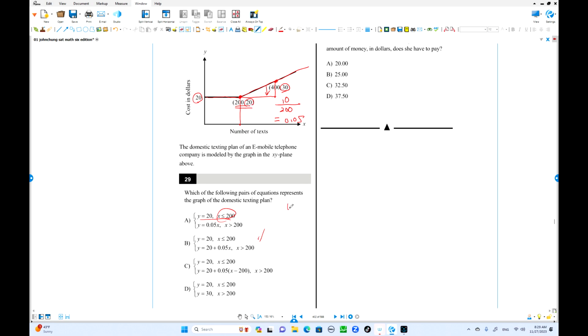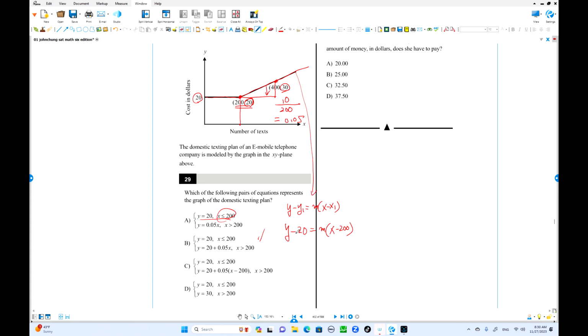What's the equation? y minus y1 equals slope times x minus x1. That is the point-slope form, right? y minus y1 is y minus 20, slope times x minus x1 is 0.05 times x minus 200. That's the equation of this line.